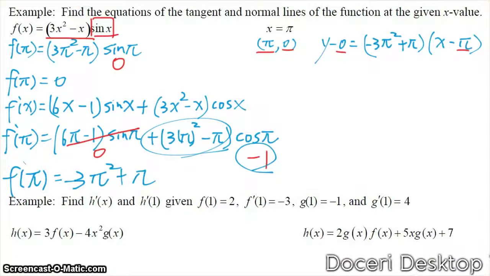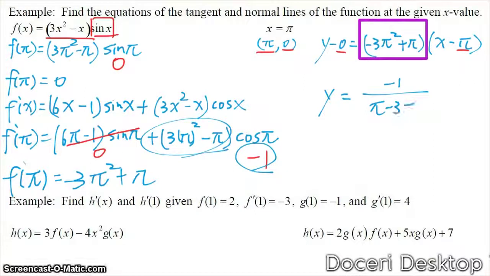Okay, so that would be the tangent line. And now to get the normal line, we need to basically flip our slope, flip this part. So now we write negative 1, flipping it. I'm also going to flip this too. I'm going to put the y in front, the pi in front.